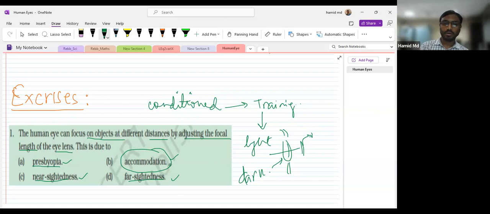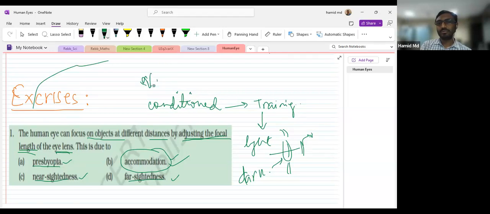In accommodation, what happens? It adjusts its focal length, right? Yes, sir. But why does this happen? Why does the eye have to adjust its focal length? So that the lens can see objects of different distances. This is the beauty of a natural machine, right?